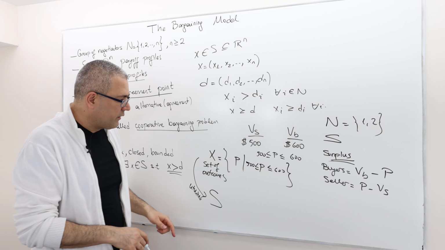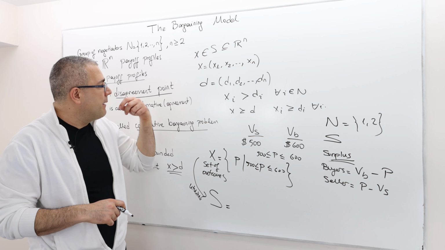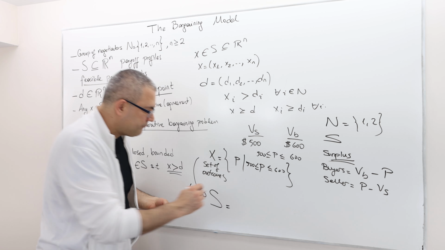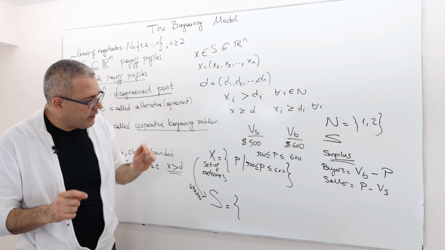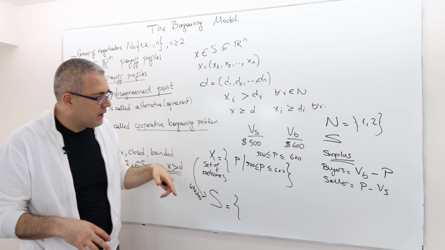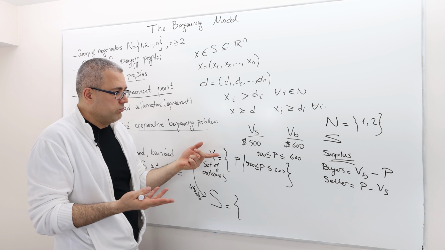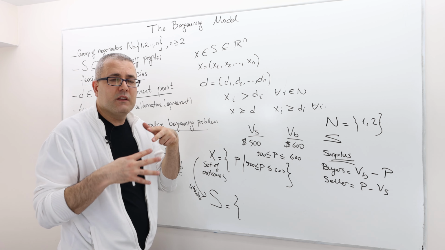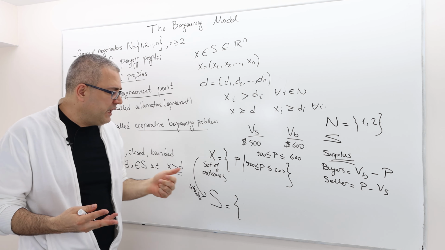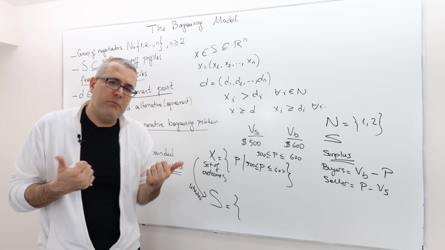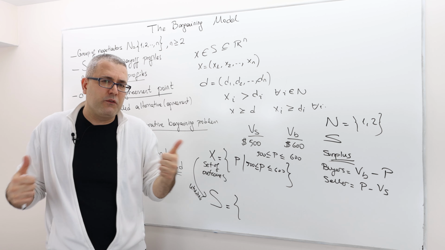So now I would like to talk about the set of feasible payoffs. By the way, in the set of outcomes, does this include D? Well, remember D was what? The no trade. The no trade here means that there's no surplus achieved by any of those players.